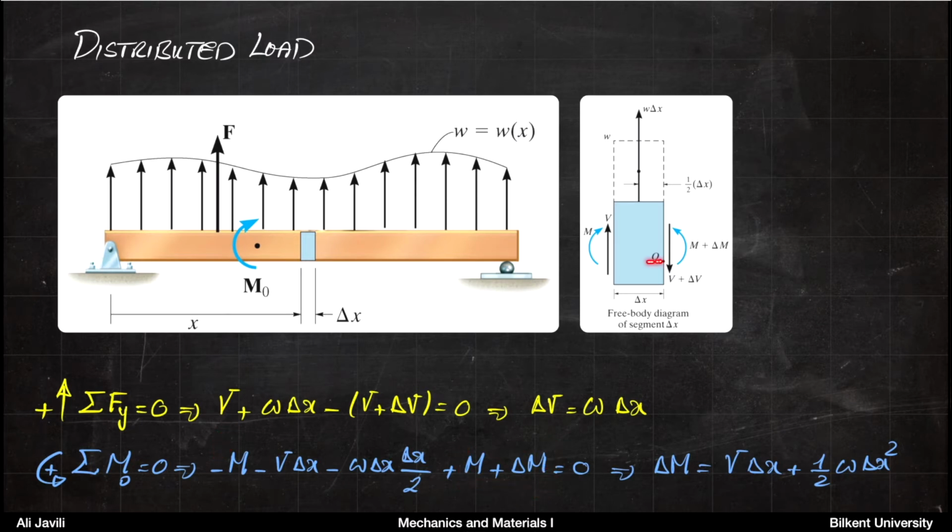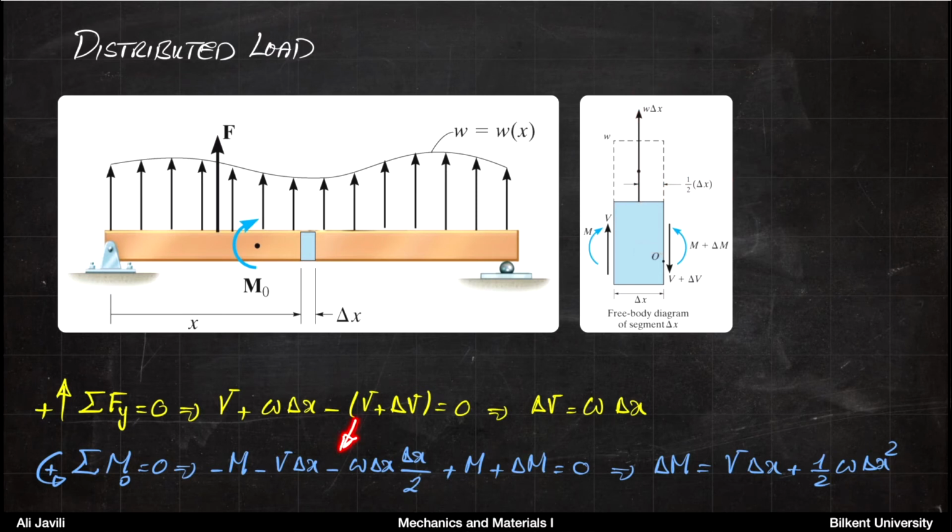Then you have the moment due to the force V, and you have the distance delta x, and that would cause a, let's say, a clockwise rotation. So you get minus V delta x. From the concentrated force, the distance is 1/2 of delta x. The value is W delta x.